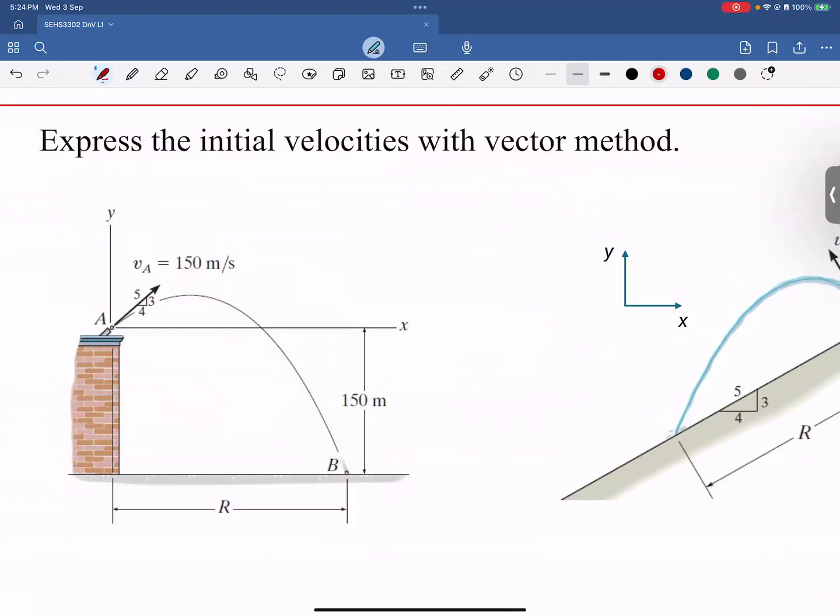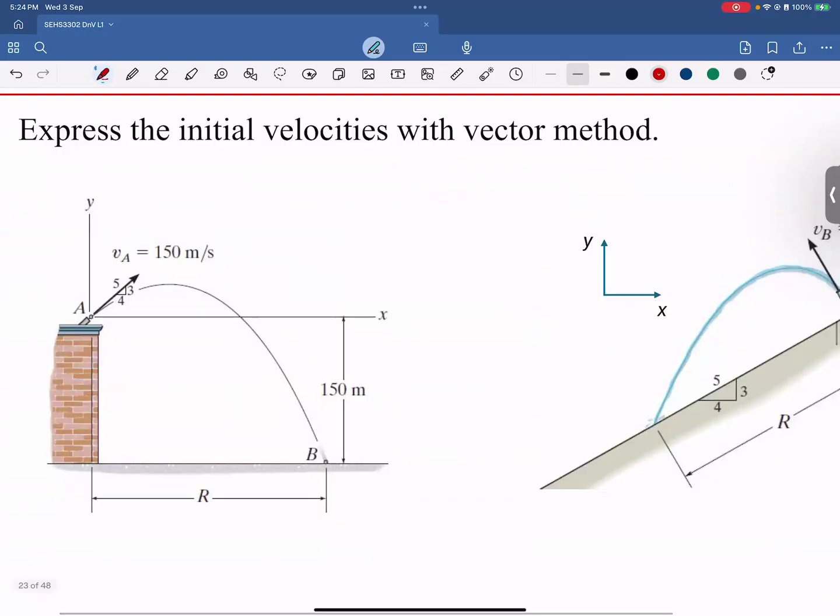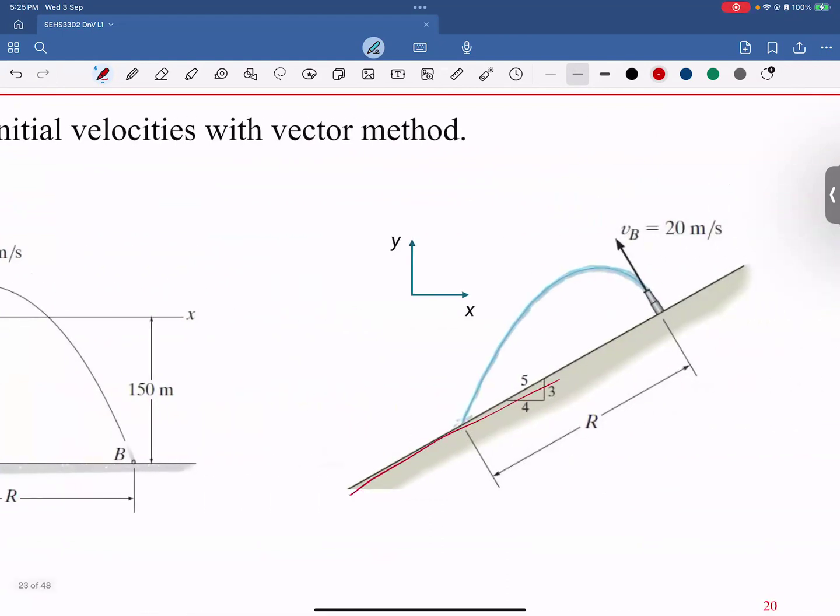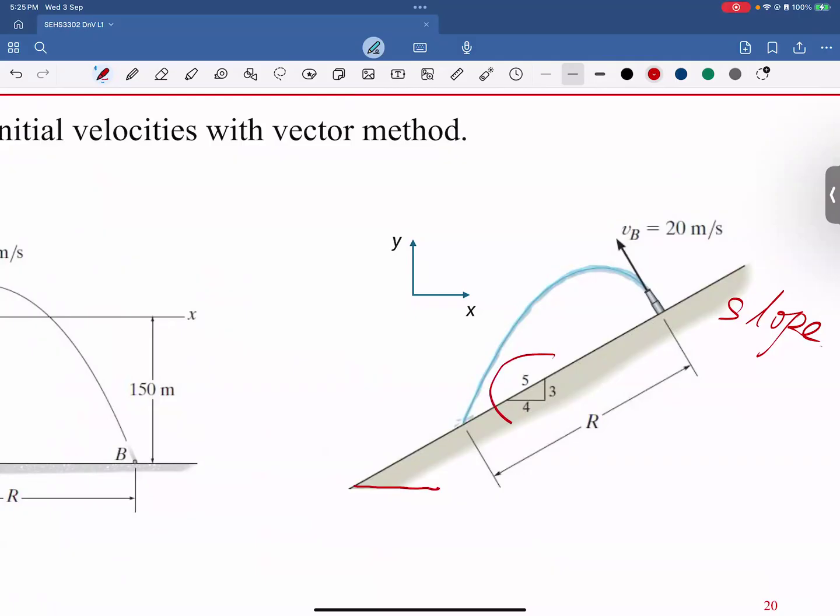So sometimes when you read the textbook, or some conditions, for example, given a road, if this is a road and there is a slope on this road, it just gives you 3 numbers on this slope, and it does not give you the angle.